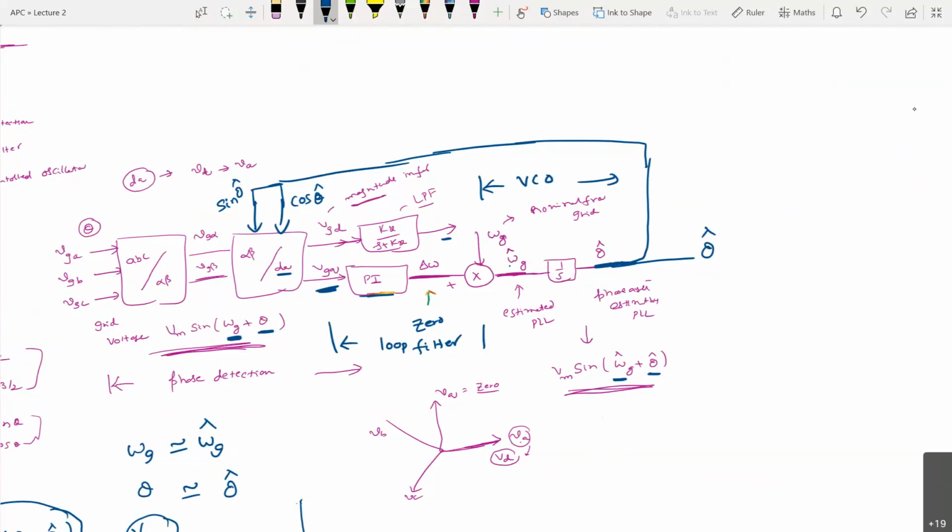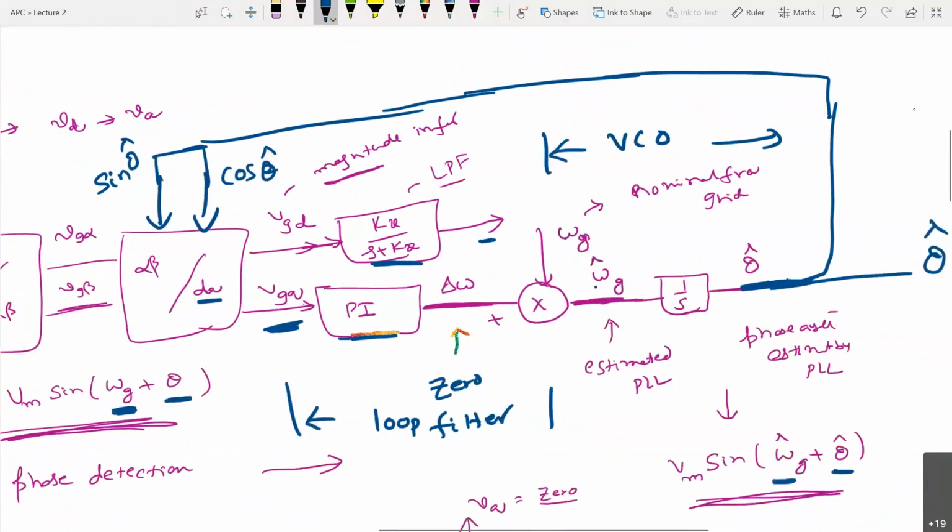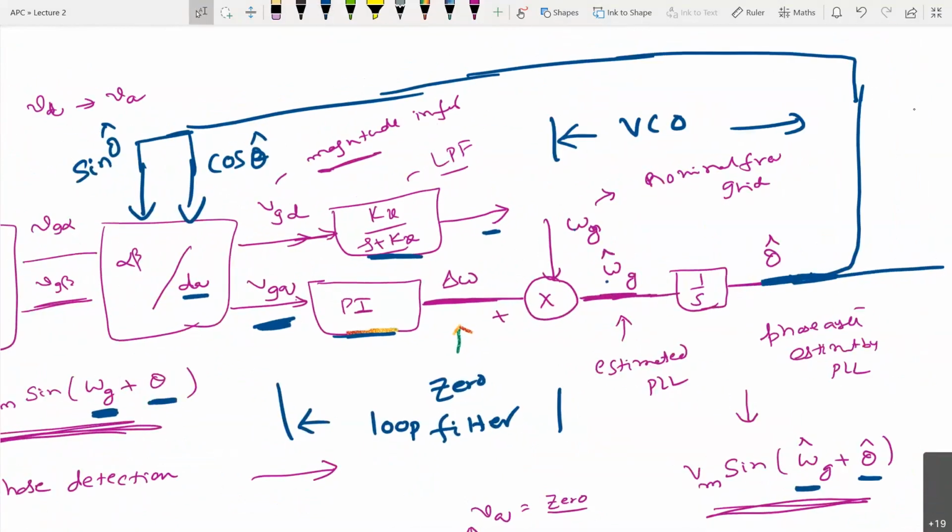If you want the magnitude, you just connect a low pass filter, an optional one, to filter out high frequency components.